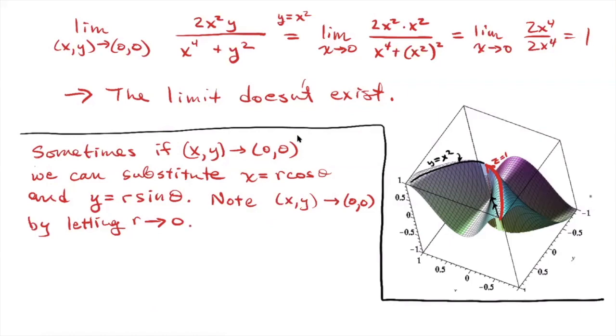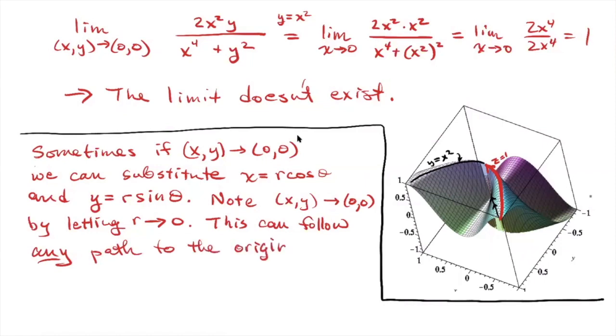So this can follow any path to the origin if we let theta vary freely.